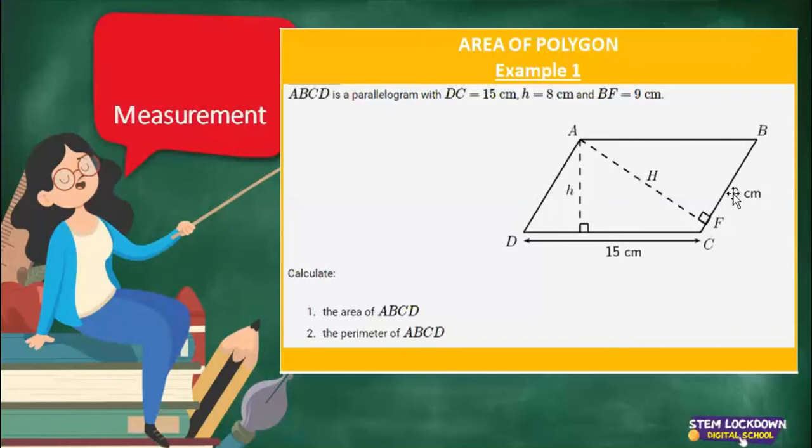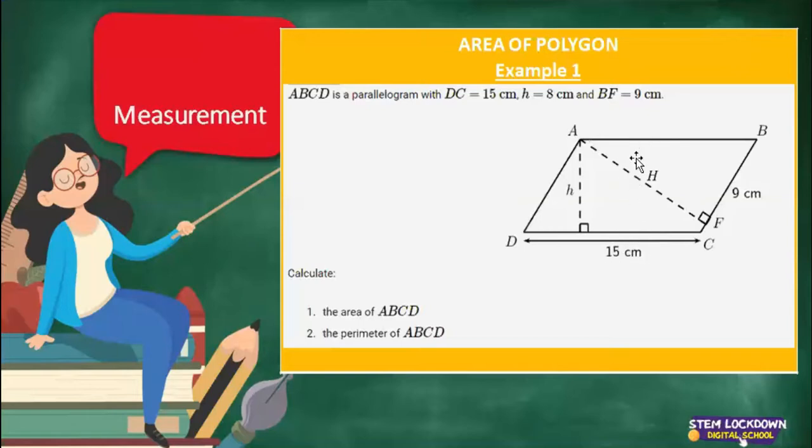Now here we have BF as 9 centimeters, and DC is 15 centimeters. Because DC is 15 centimeters, that means AB is also 15 centimeters, because it's a parallelogram.